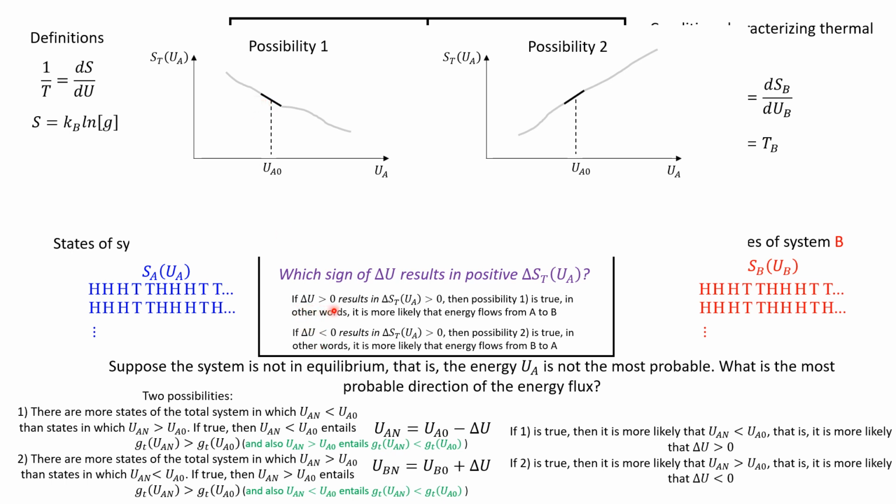So if a positive delta U results in a positive increase of the entropy, then that means the slope is negative. We are walking to the left and the entropy is increasing. If a negative delta U, so recall that negative delta U, system A is gaining energy. The energy of system A is increasing. So if a negative delta U, in other words, if we walk towards the right and then the entropy increases, that means the slope is positive. We have possibility 2.